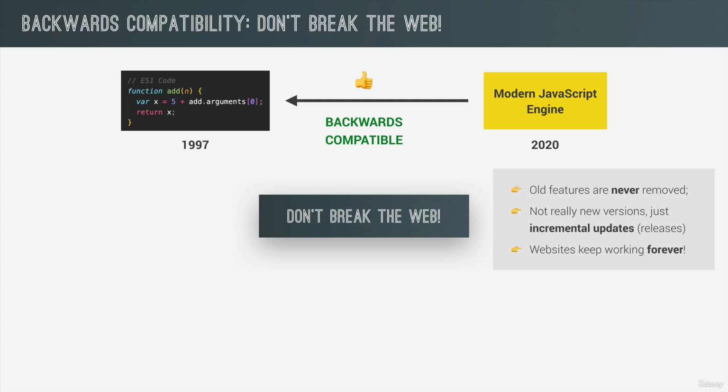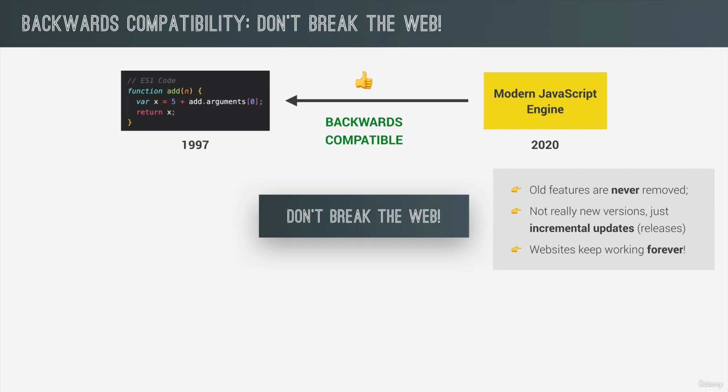This means that there is almost never anything removed from the language, but only added in new versions. And actually, we cannot really call them new versions even, because they do not contain breaking changes like when other languages move to a new version. Instead, new versions are always just incremental updates which add new stuff, and so I like to call them releases and not versions.